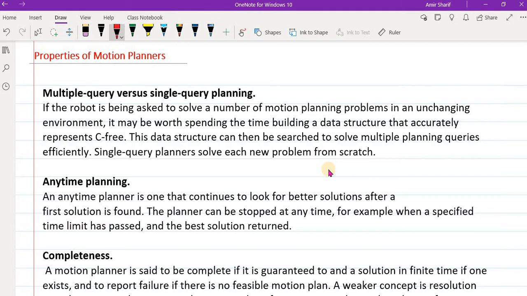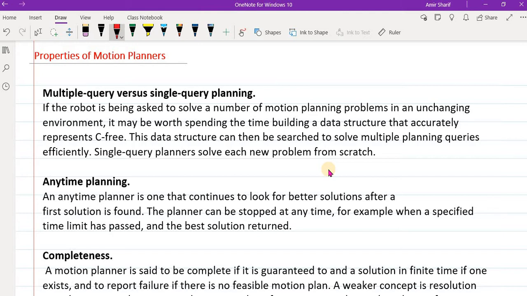In these types of problems, you try to solve the problem keeping in mind that you will solve it only one time.